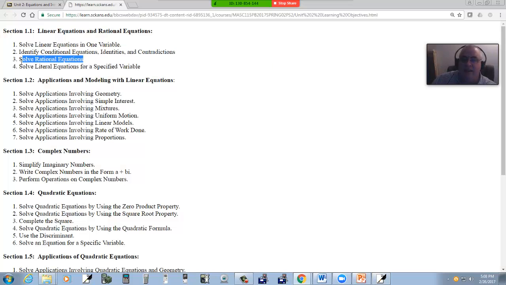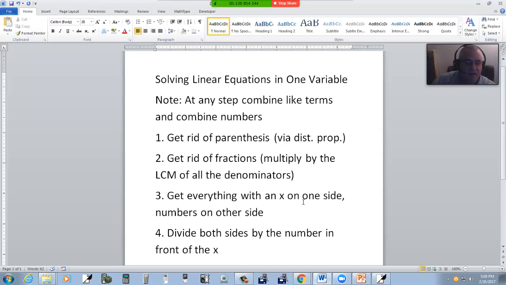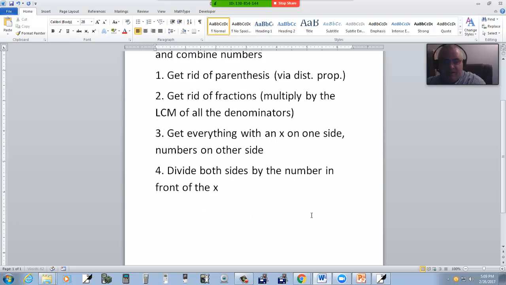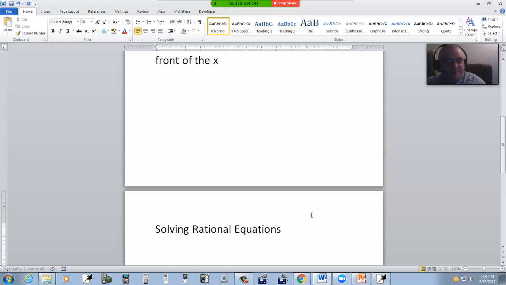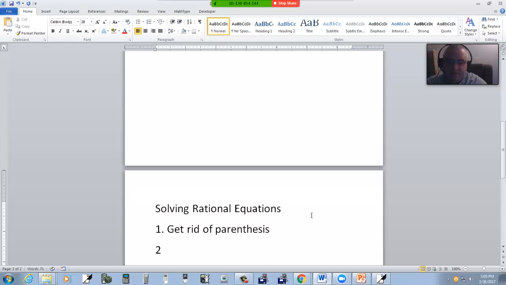And let's take a look at solving rational equations. Step 1, get rid of parentheses. Step 2, get rid of fractions.